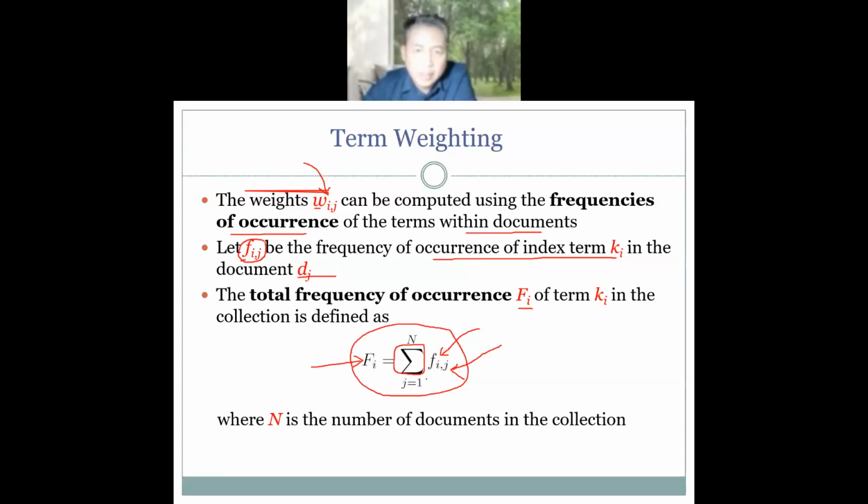The summation here runs from document 1 up to n, so this is a collection that consists of n documents. The capital Fi refers to the total number of occurrences of keyword I in the whole set of documents.